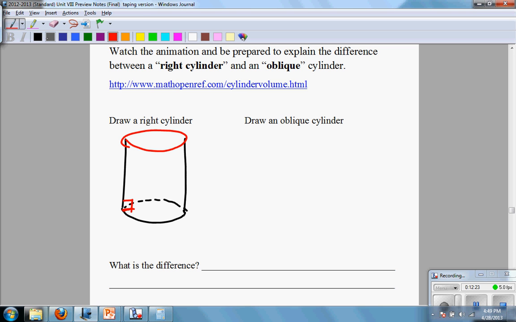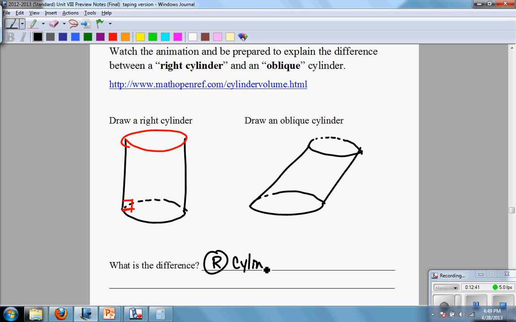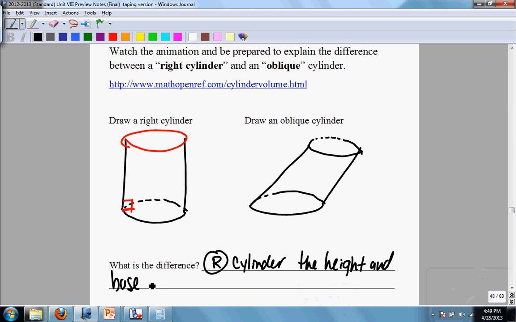That is a right cylinder versus an oblique cylinder, where the height and the base do not meet at a right angle. So a right cylinder: the height and base meet at a right angle.